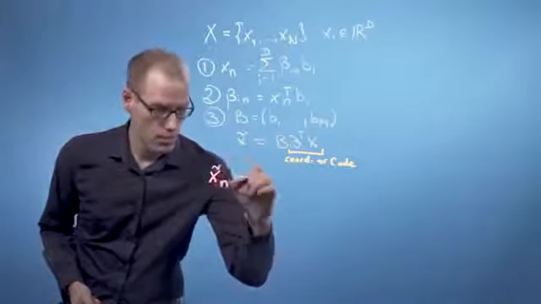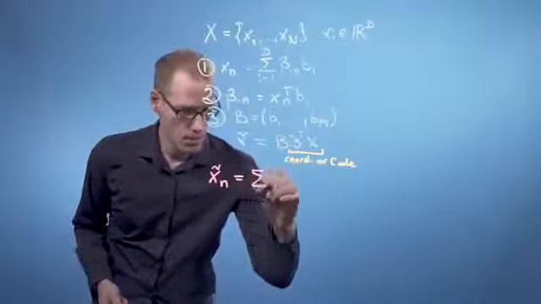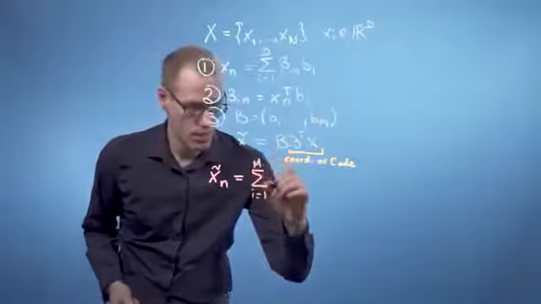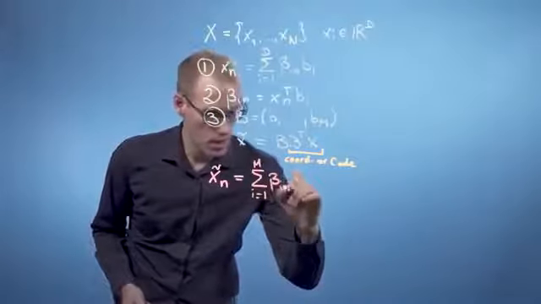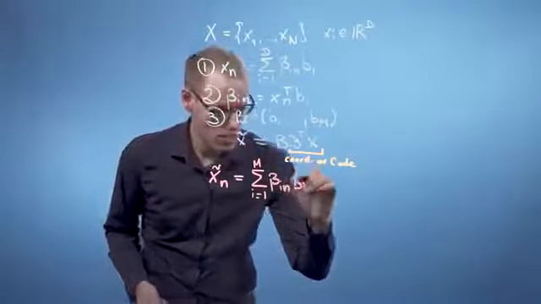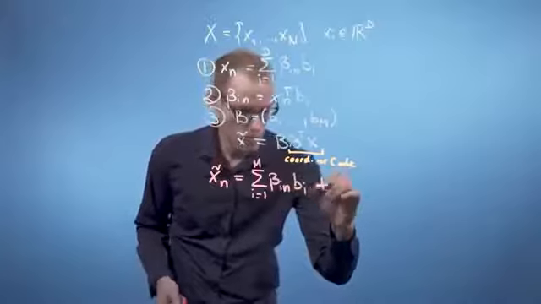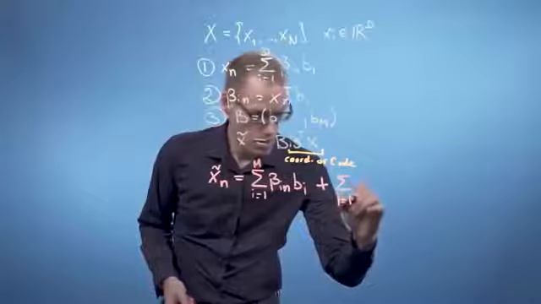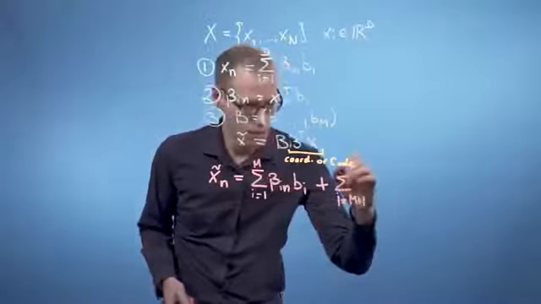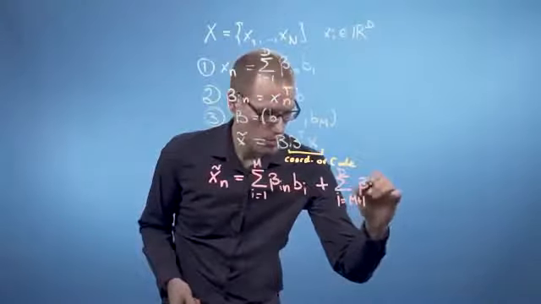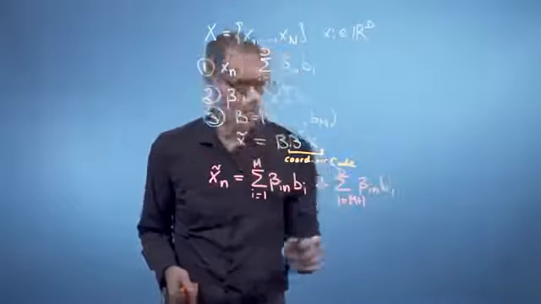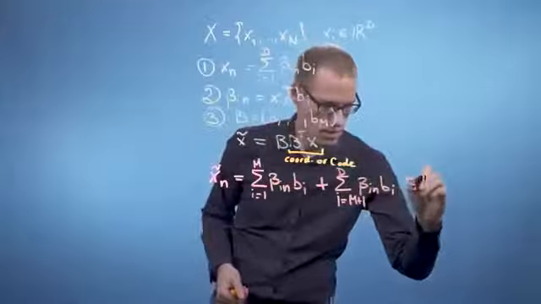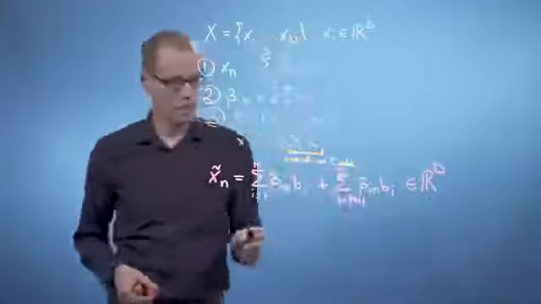x̃_n can be written as a sum i equals 1 to M of β_in times b_i plus the sum of i equals M plus 1 to D of β_in times b_i. So this entire thing is still living in R^D.